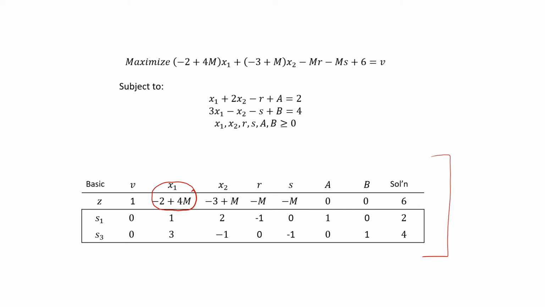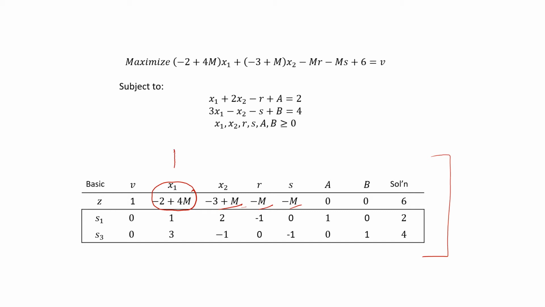So that number is 4 times M minus a little bit, but it's essentially 4 times M. The others, under x2, that's an M. Well, it's not as big as 4M. The other two are negatives, so you want the positive number. So the one with the 4M, because remember, M dwarfs everything else, that is your largest number.